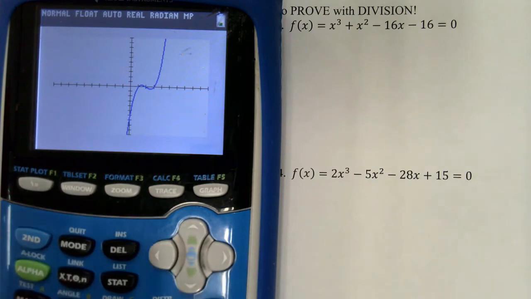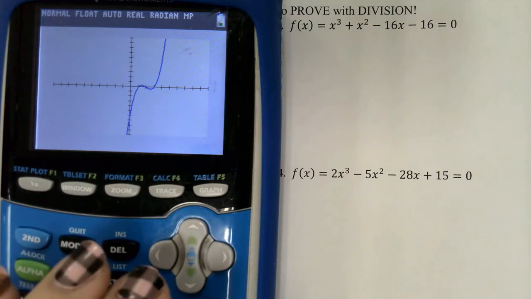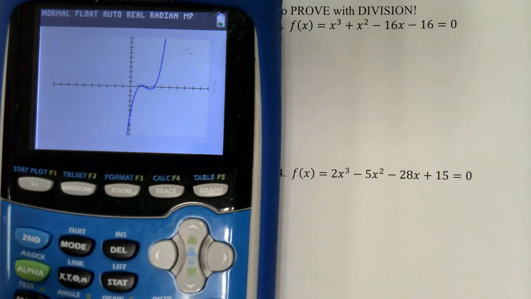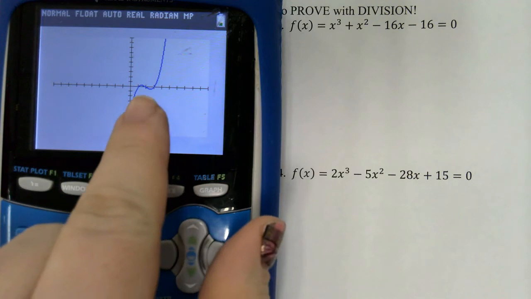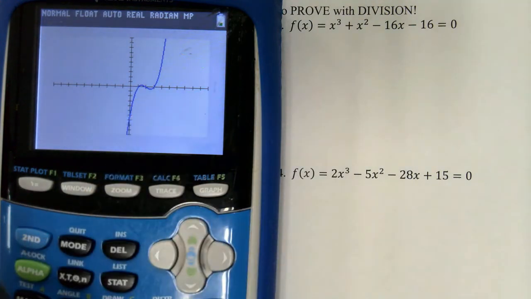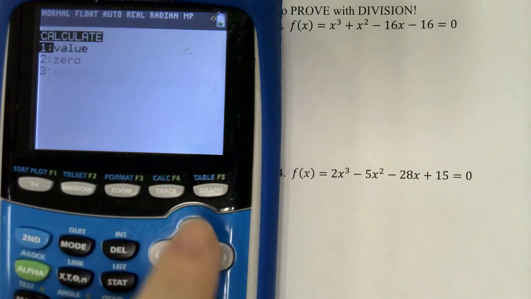But I want to focus my attention on any zeros that are nice, because some zeros are going to be irrational numbers, decimals that continue on forever, and I can't use those with polynomial division. I want to find only nice rational zeros, preferably one that is an integer, a nice pretty number. It looks like we're in luck here that all 3 of our zeros are nice pretty numbers, but we'll double check as soon as we find one. We're good to go.